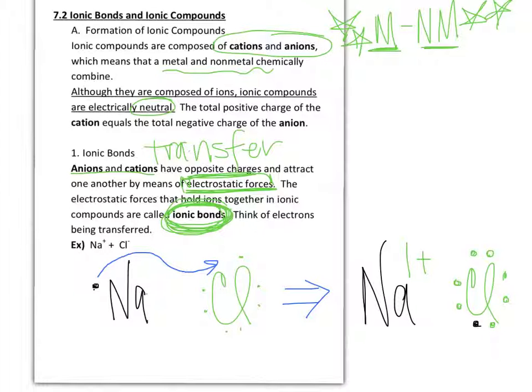So then the charge will be 1 minus. Okay, this is sodium chloride. Okay, it is made from a sodium ion and a chloride ion.